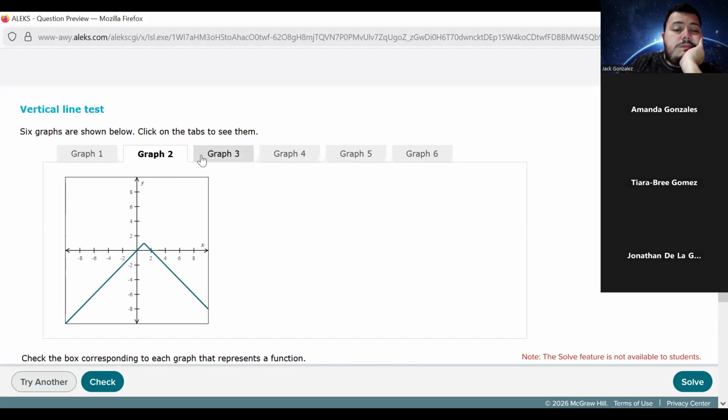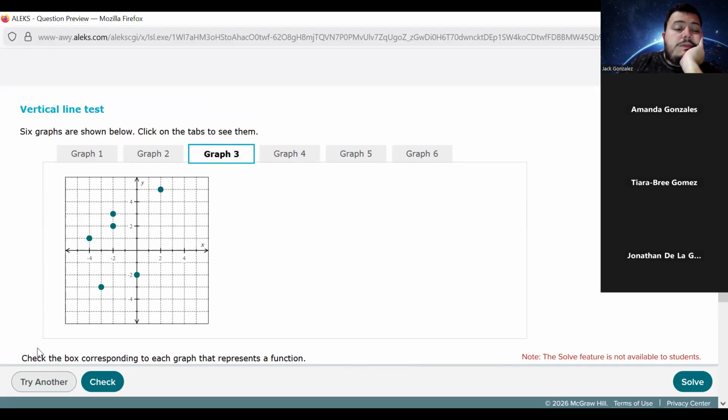So yes. What about this? Not a function because I hit those two points over there, right? So nope.